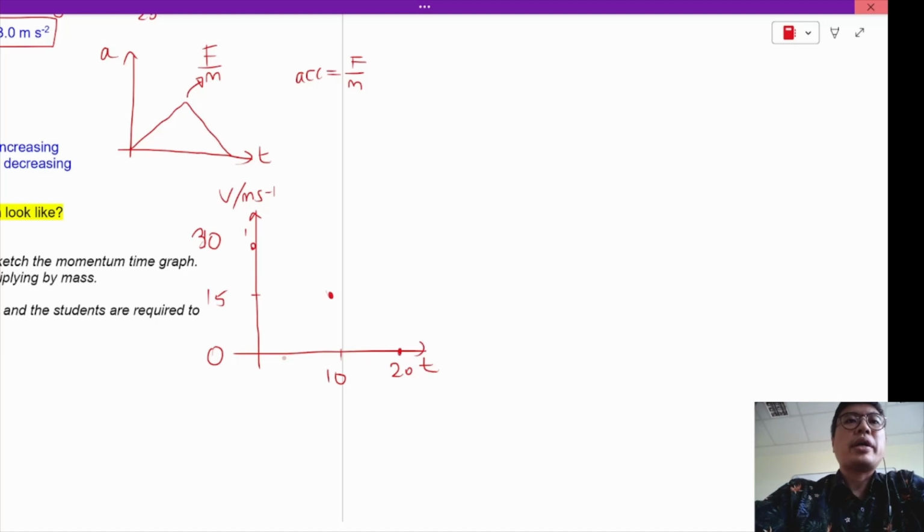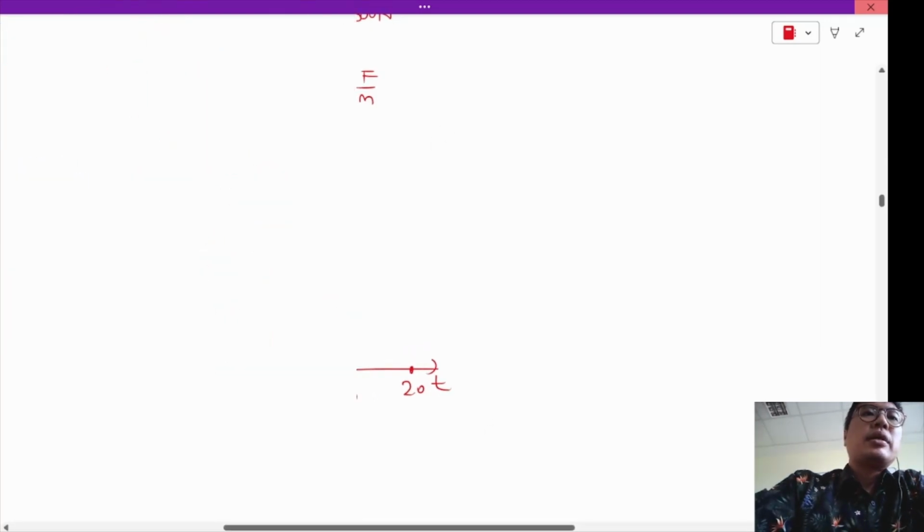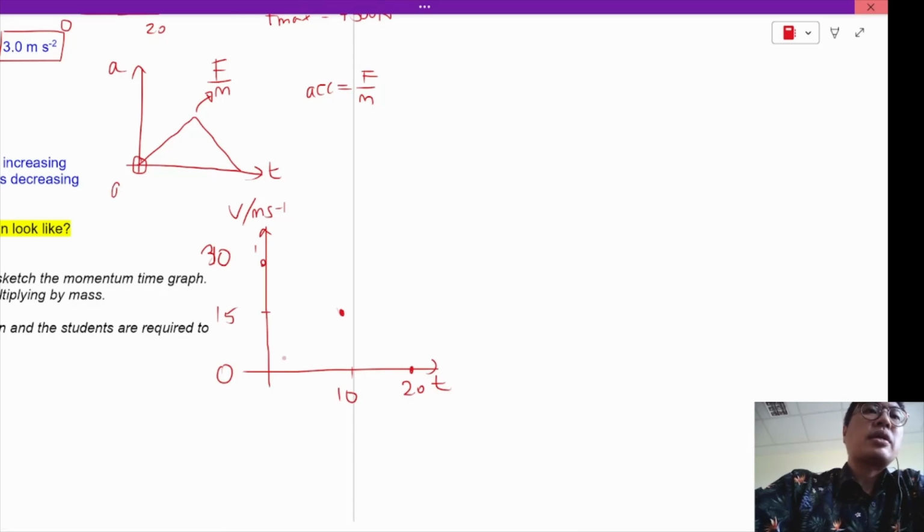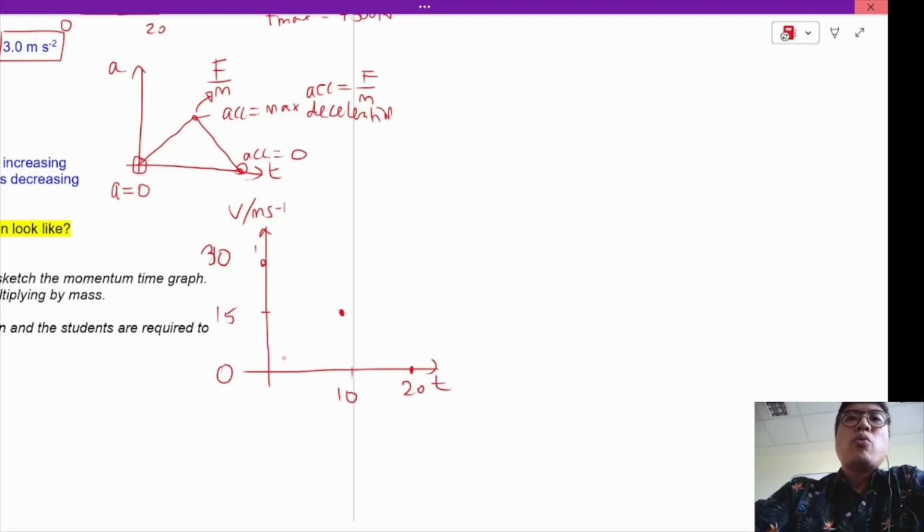Now, how are we going to connect all of them? Let's take a look at the graph over here. This acceleration graph says that its acceleration is equal to 0. This one says that the acceleration is the maximum deceleration. And this one over here says that the acceleration equals 0 again. Now, when the acceleration equals 0, there is no change in v.